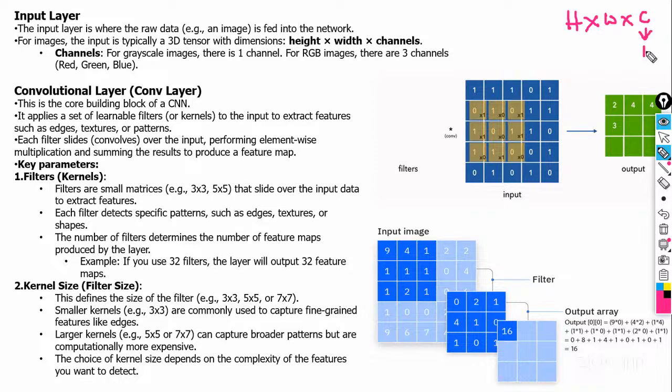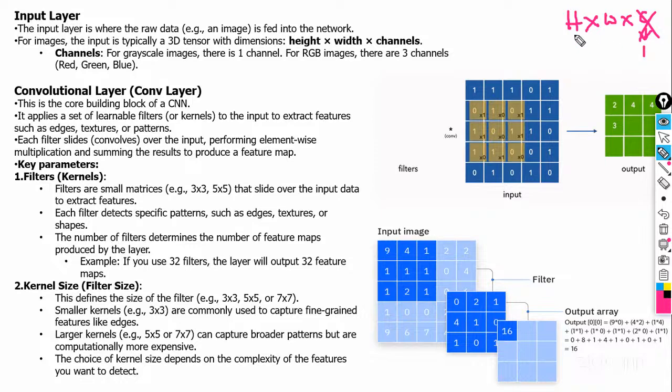For RGB images, the number of channels will be 3. Even if you don't represent the channel for a grayscale image, that's okay, because anyhow it's 1, and 1 multiplied with any number returns the same number. That is the reason we ignore the number of channels for a grayscale, black and white image.